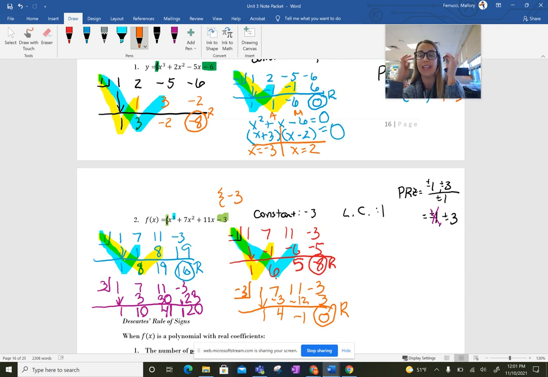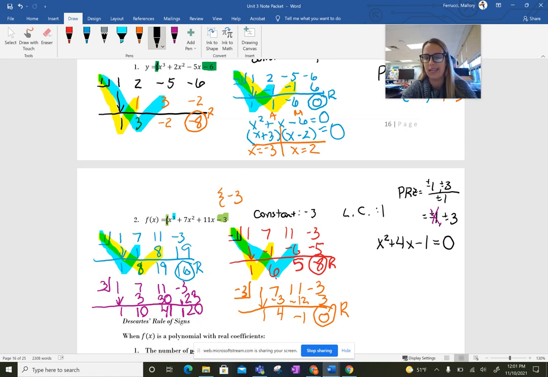And now we have to find the other zeros, because what we have left over here, we have the 1, 4, -1. So what that turns into is that because we're synthetically dividing, we always decrease by a power. So it's 1x squared plus 4x minus 1, and we're setting that equal to 0 to solve.